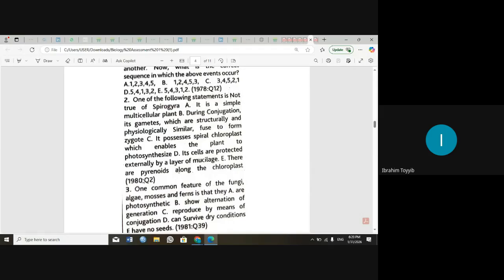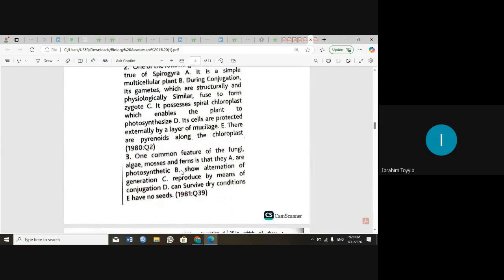They have spiral chloroplasts. Spirogyra has chloroplast, so that's why they are green.